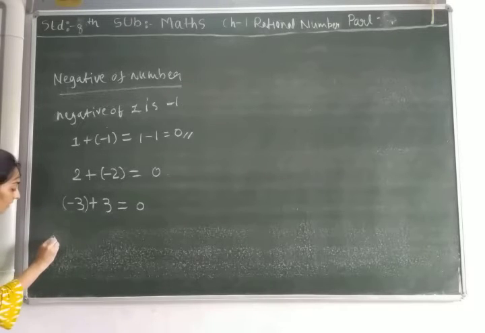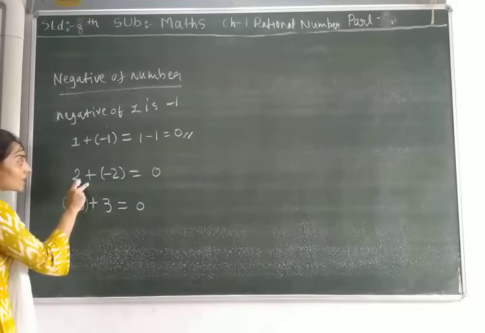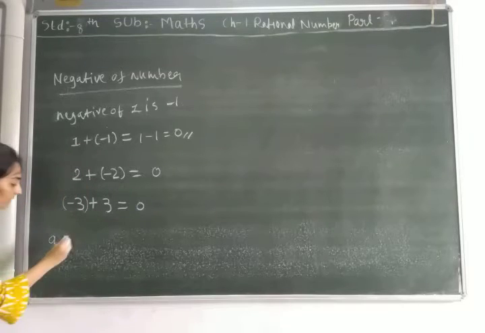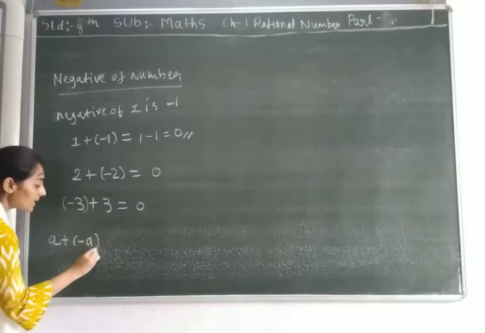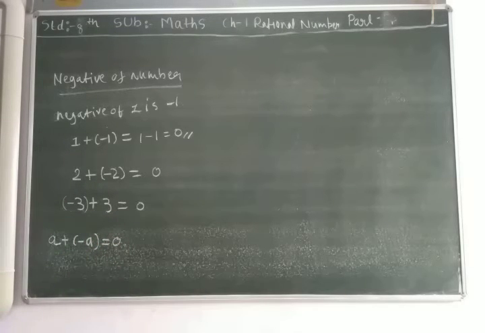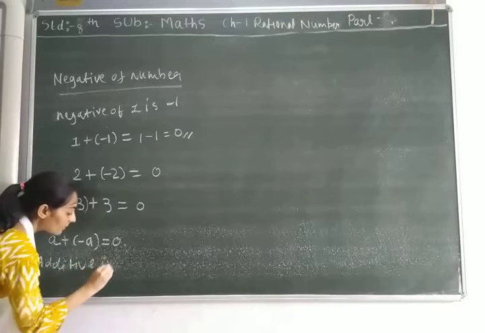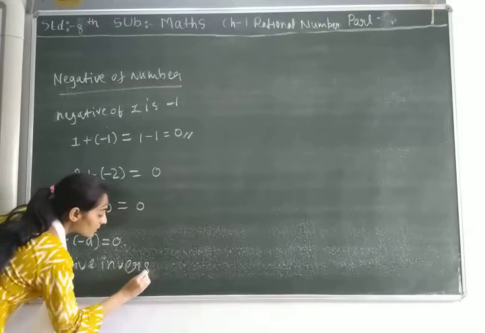In general form, if a is any number, then the negative inverse, or additive inverse, since here I am doing addition, is -a. The resultant value is 0. See, the word is inverse, additive inverse.